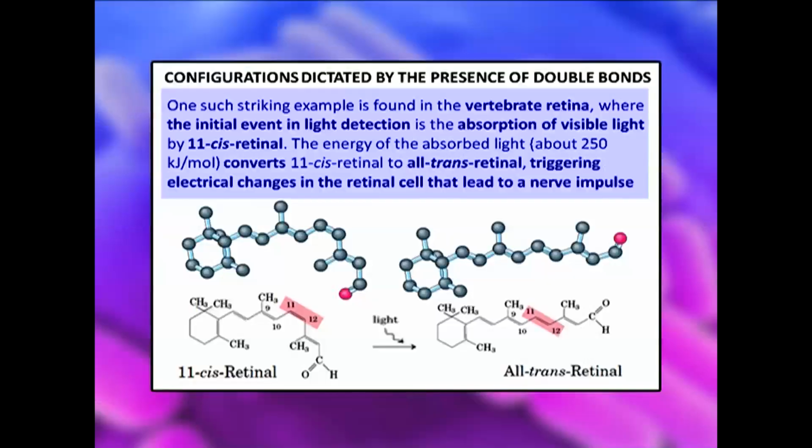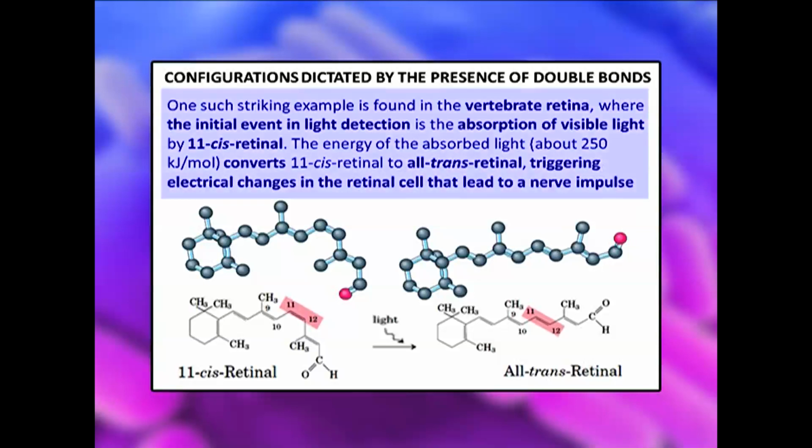Another such striking example is found in the vertebrate retina, where the initial event of light detection is the absorption of visible light by 11-cis retinal.